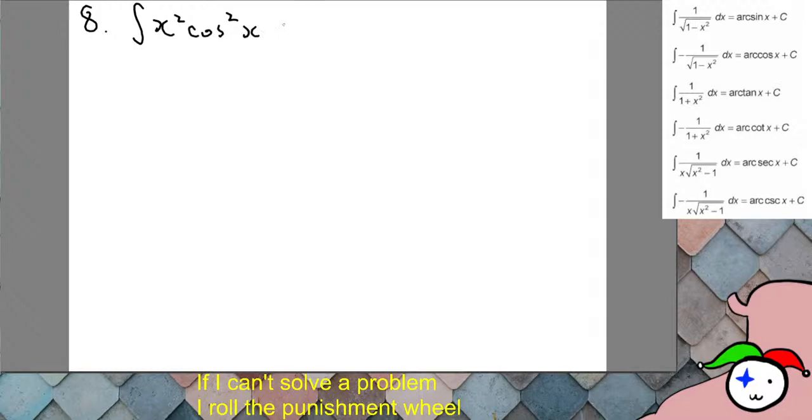So x squared cos x squared dx is the next one. I guess I will use something very similar to before.